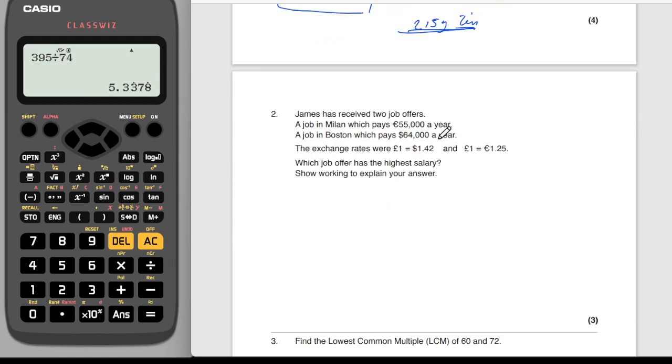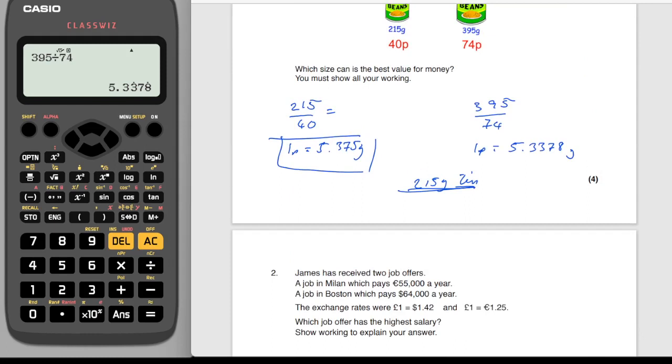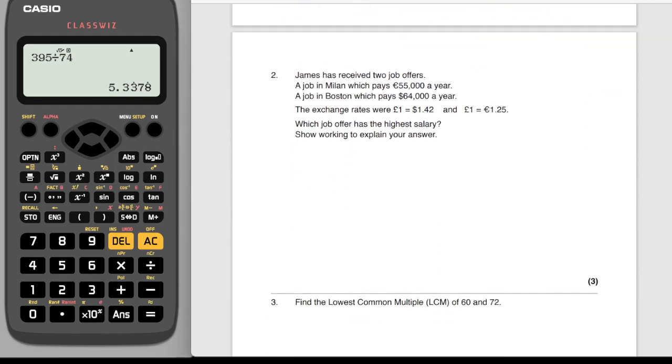Question two. James receives two job offers, a job in Milan and a job in Boston. You're given the two exchange rates, and you work out which job has the highest salary. Even though both are in a different unit, I'm going to convert them both into pounds.